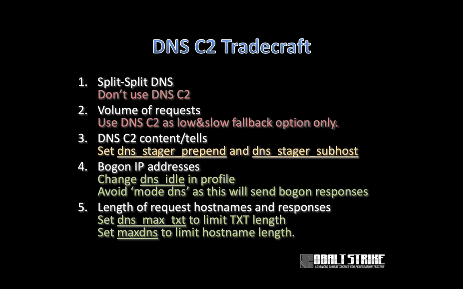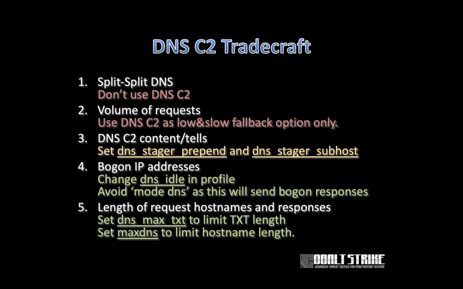So if you change DNS idle to something plausible, you will avoid bogon IP addresses, at least for the TXT record aspect of the DNS beacon and the signaling piece. Don't use mode DNS though, because the entire 4-byte field, or the entire 4-byte response where an IP address would go, is used to send data back to you, and that will certainly generate bogon responses at some point.